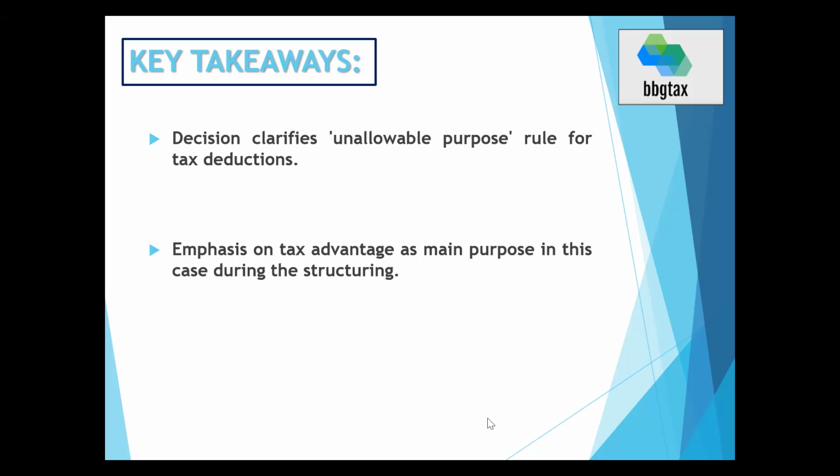The main emphasis here was on the fact that the structuring led to tax advantage, which was the primary purpose. Hence, the disallowance was made by the court as well. So while undertaking structuring, the unallowable purpose rule has to be taken into consideration when a UK entity is involved.